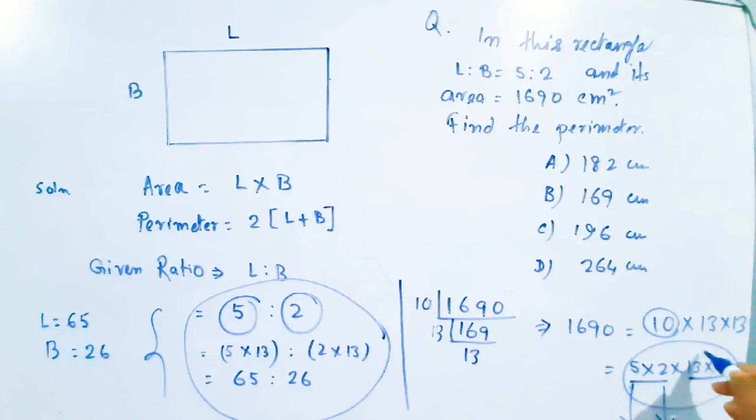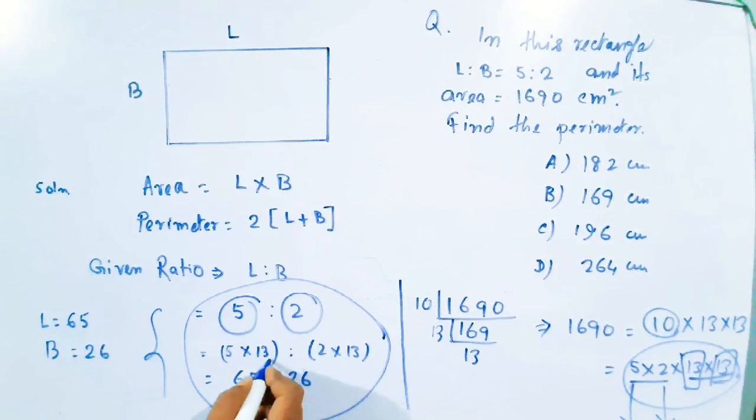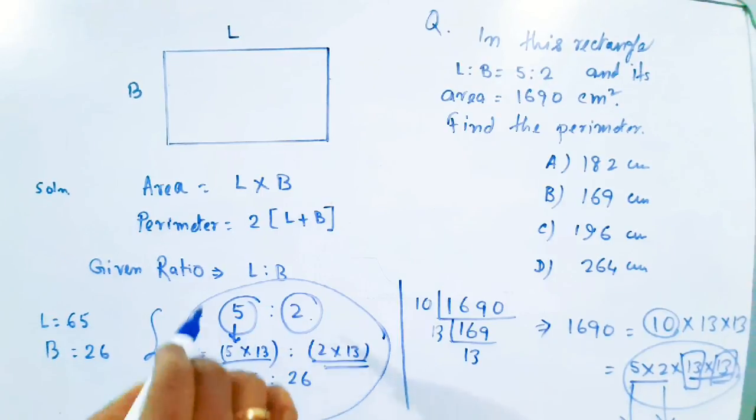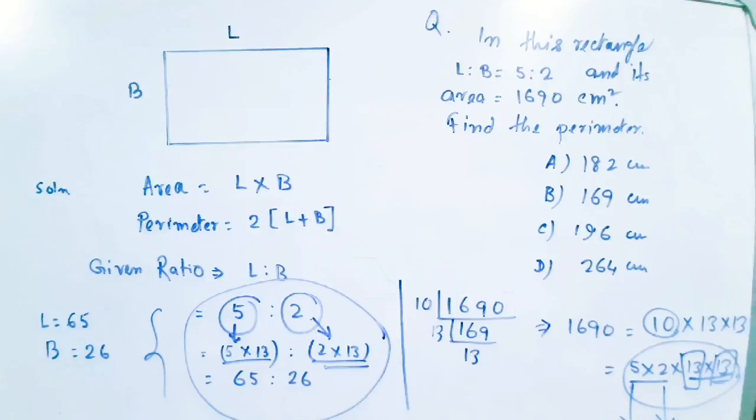So the remaining part is 13 into 13. One 13 is given to the first part and another 13 is given to the second part. That means one 13 goes to the part of length and another to the part of breadth. 5 into 13 equals 65. 2 into 13 is 26.